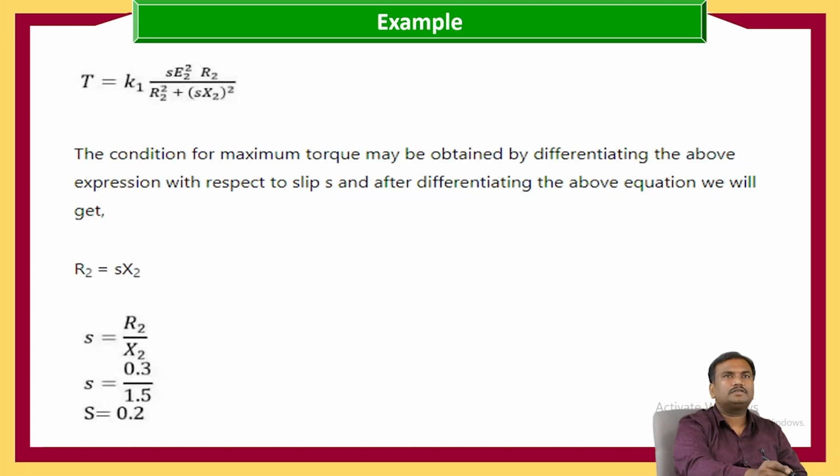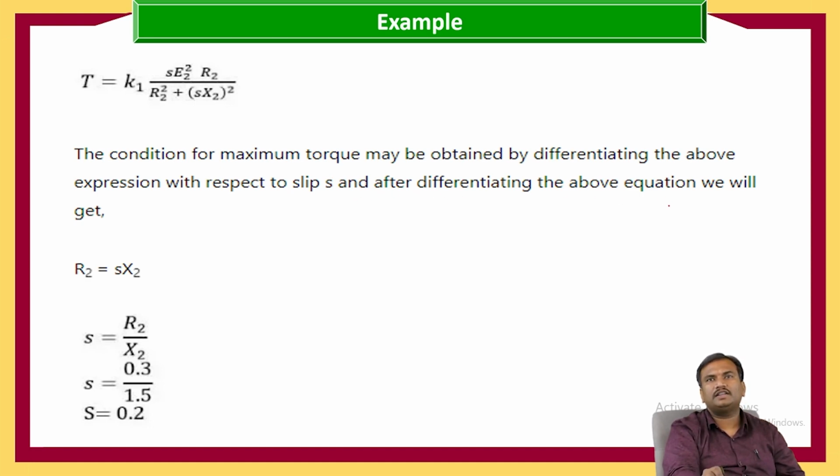Here torque is equal to K1 into S into E2 square into R2 by R2 square plus (S X2) whole square. The condition for maximum torque may be obtained by differentiating the above expression with respect to the slip.